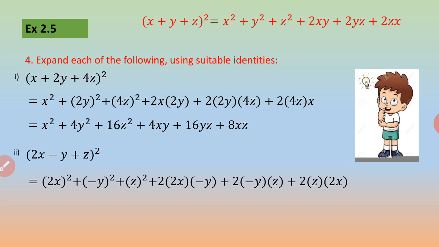And z is z only. So corresponding changes are done on the right hand side and the statement is written. So you can see that y has become minus y everywhere it was. Now you will just square the terms or multiply whenever required and you get this as the answer.